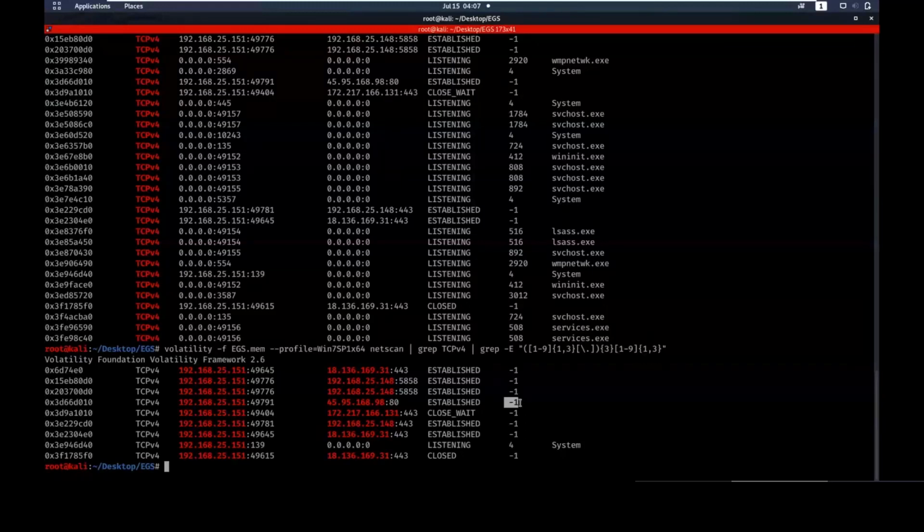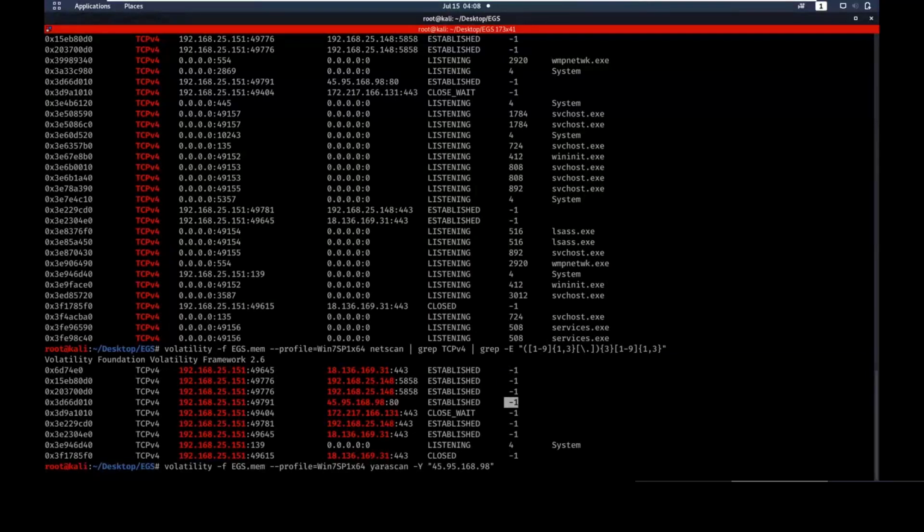So what to do? Let's use a technique with the help of the YARA scan. Instead of netscan, I say yarascan. Find me the pattern 45 95 168 98.